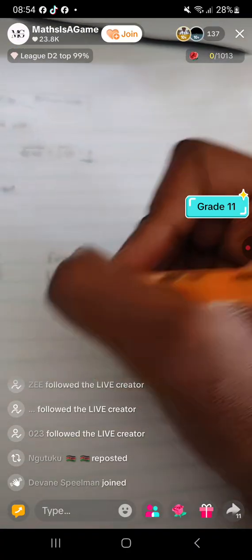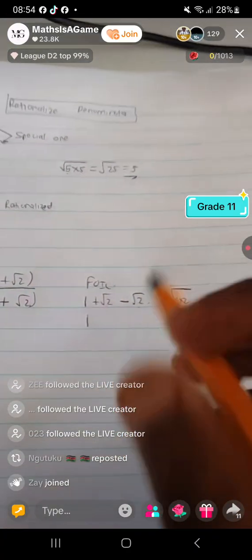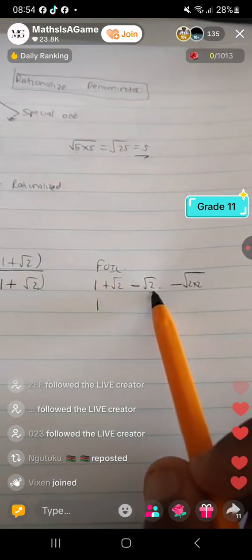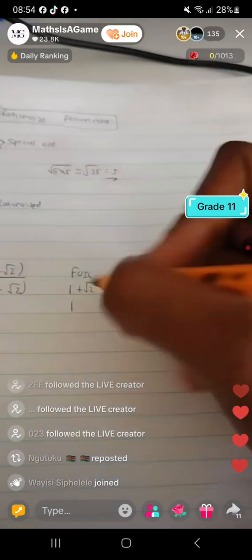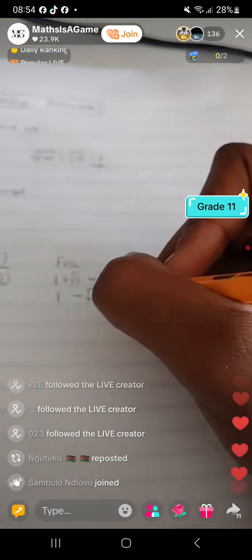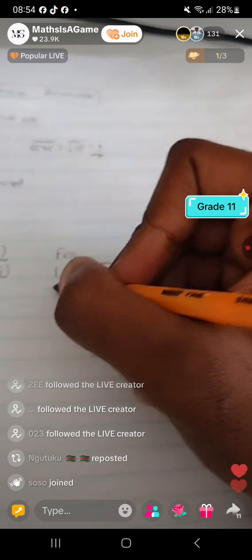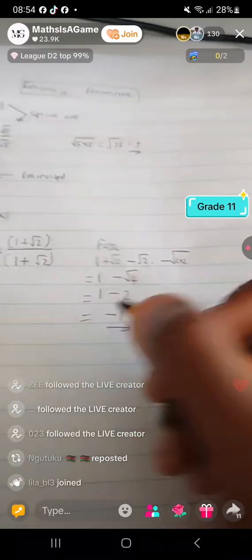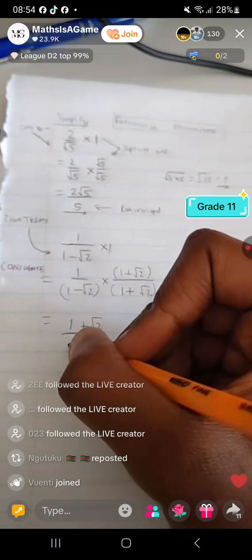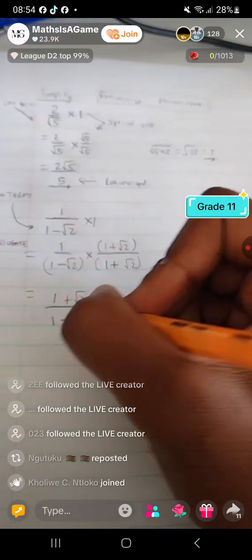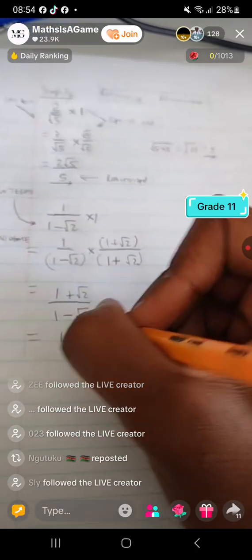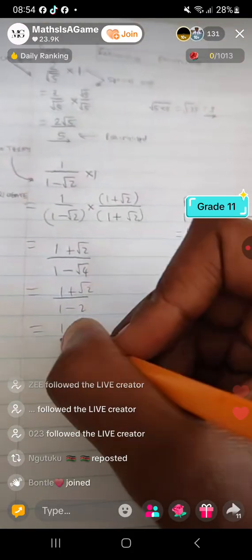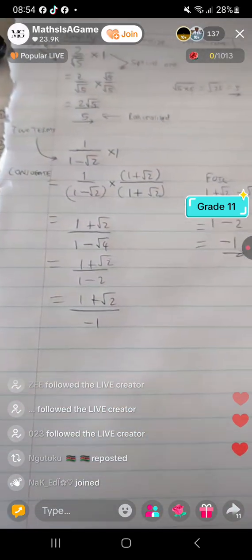Now root 2 minus root 2 gives me 0. Then the last term, minus square root of 4, which is 2, so 1 minus 2, which gives you negative 1. So what do I have in the denominator, guys? 1 minus 2, which I finally formally complete and say 1 plus root 2 over negative 1.